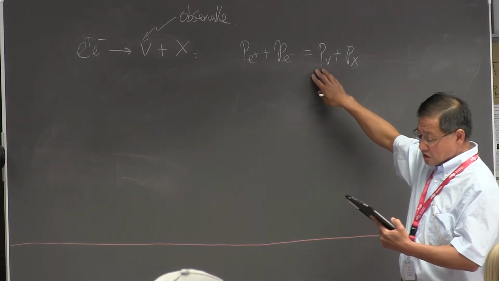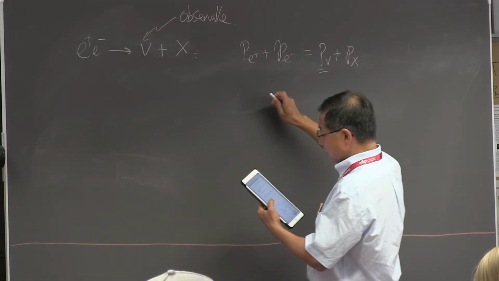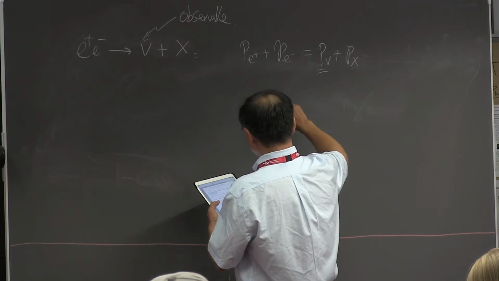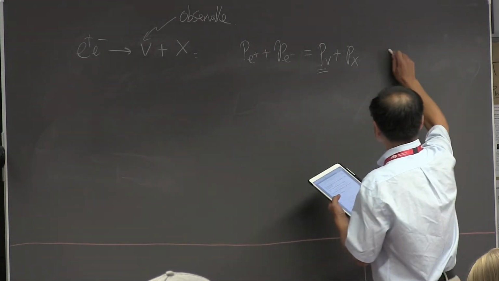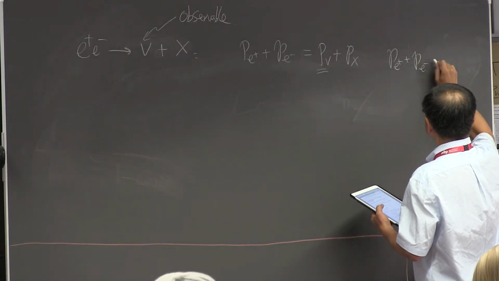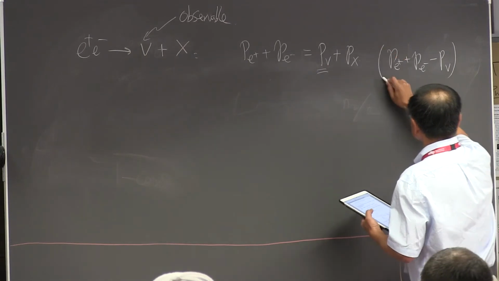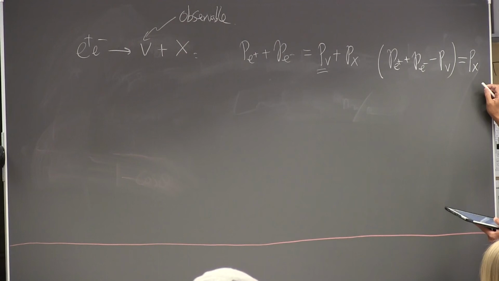In that case, you can move the observable particle around. So therefore, you can move the observable particle around there to have this e plus coming in, e minus coming in, and the final observable particle coming out that is equal to the unobservable system.